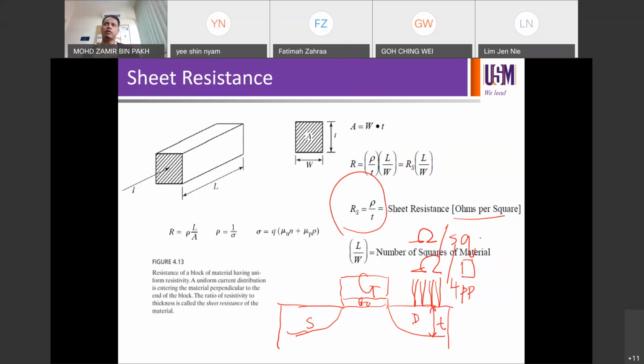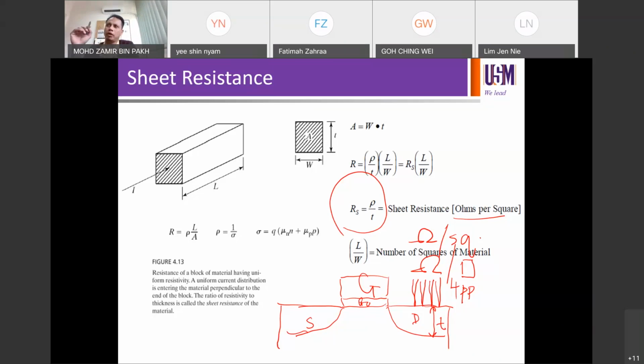So the value of your sheet resistance will depend on your device. If you talk about, for example, a solar cell, if you diffuse an emitter, I'm going to go through this one later on when we talk about fabrication of silicon solar cells.